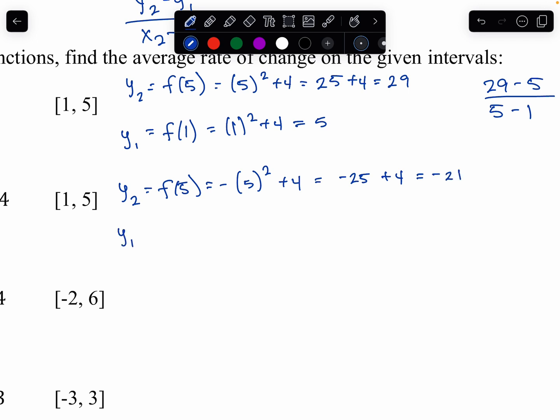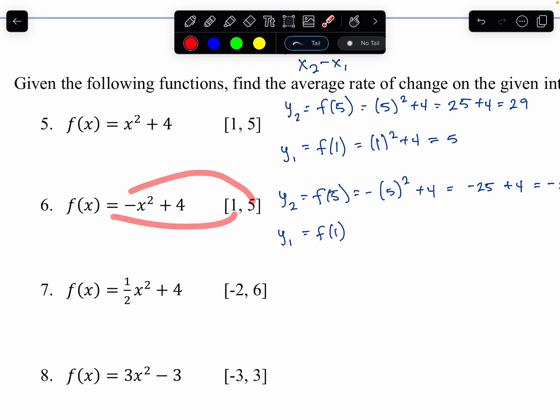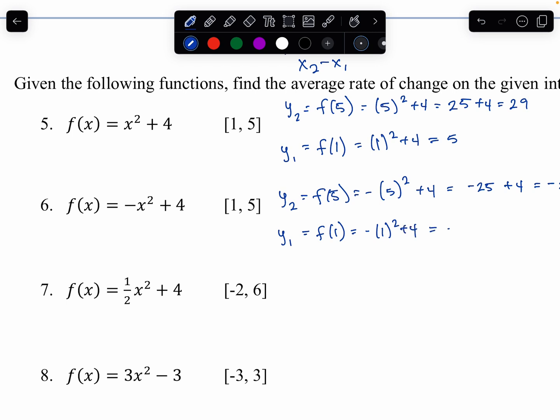And then y sub 1 is going to be equal to f of 1. So again, I'm just plugging in the values of my interval. So first I did 5, now I'm doing 1. And that's going to be equal to negative 1 squared plus 4. So that's going to be negative 1 plus 4, and that's going to be equal to 3.